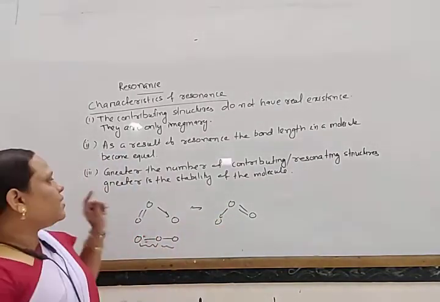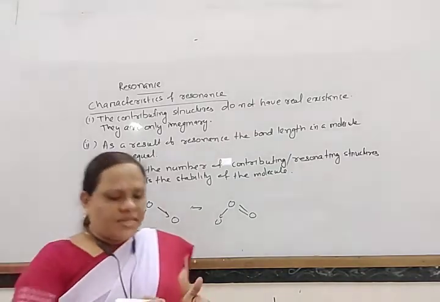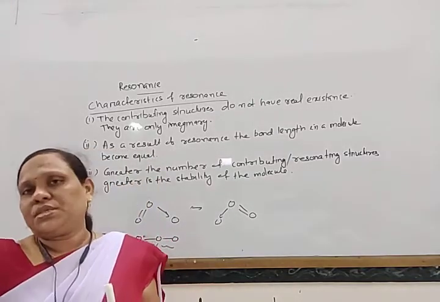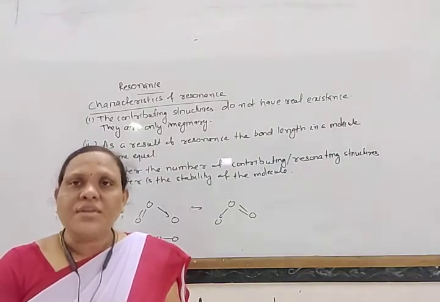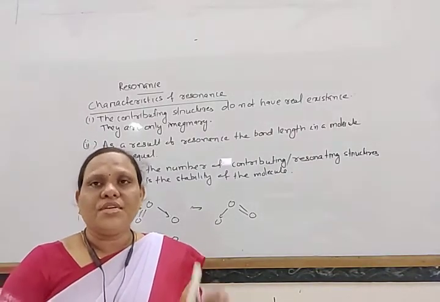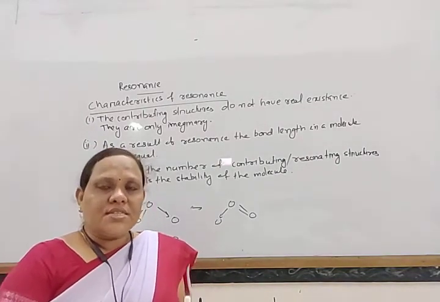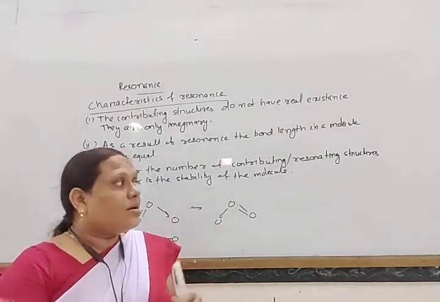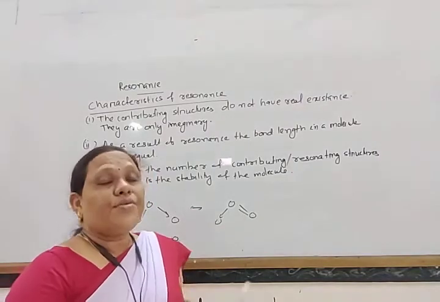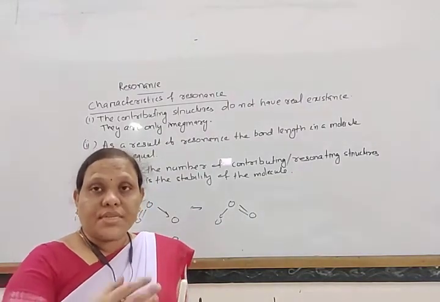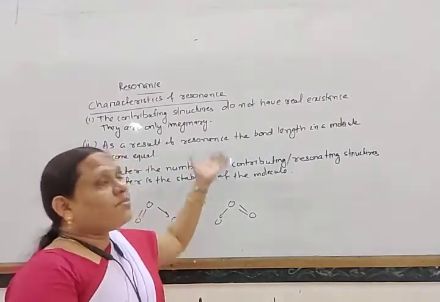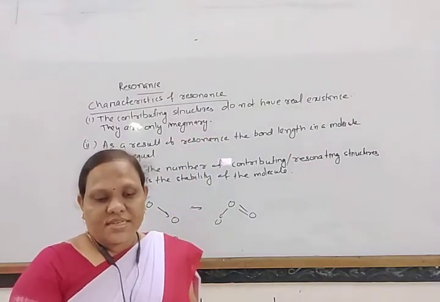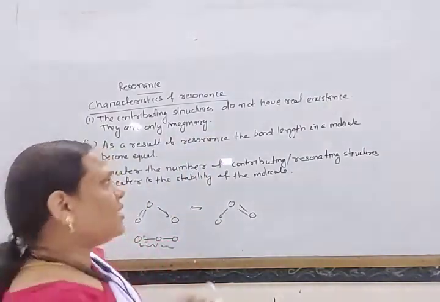This is due to resonance. And if any species has a larger number of resonating structures, then that molecule or species is more stable. Okay, so this is some idea about resonance, and we will discuss it later when we teach organic chemistry. What are the applications of resonance?